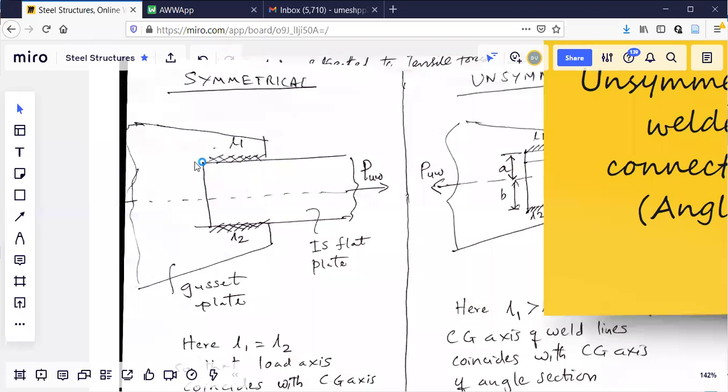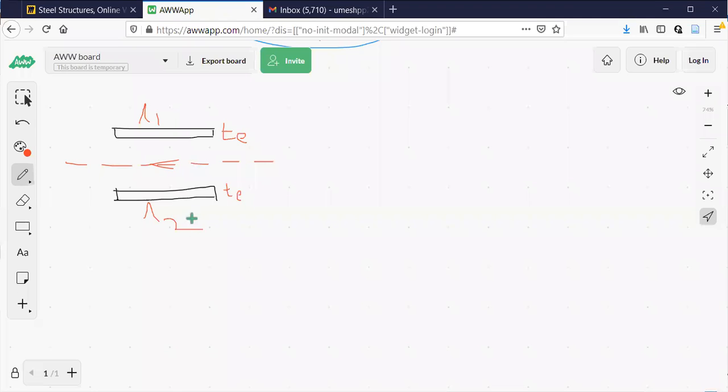I'll take you back here. This is L1, this is L2. Only these two I have drawn. The centroid of rectangle L1 into TE will be somewhere inside, exactly geometrical. The centroid of rectangle L2 into TE will be exactly at its midpoint line.